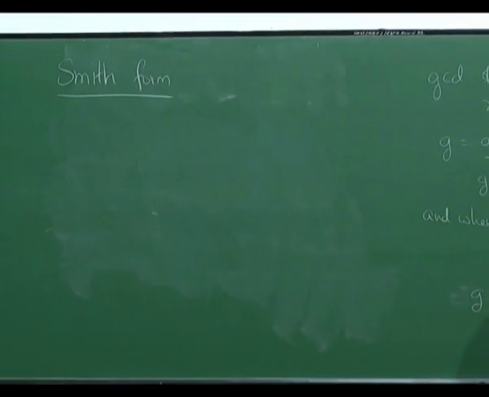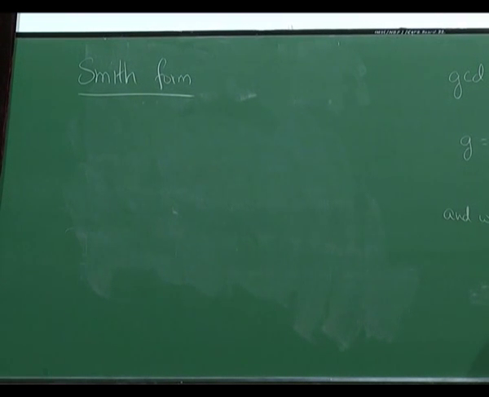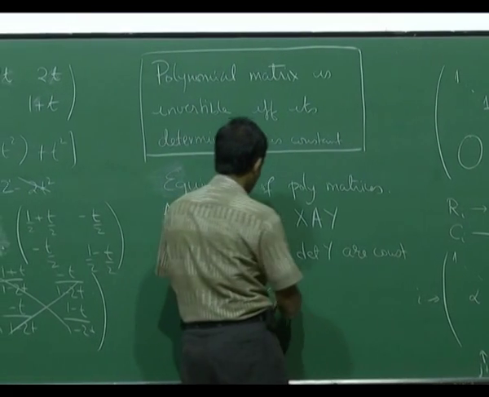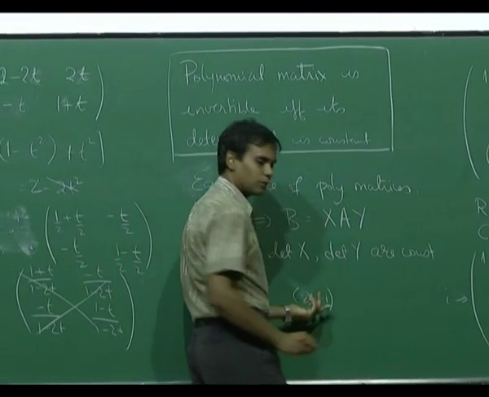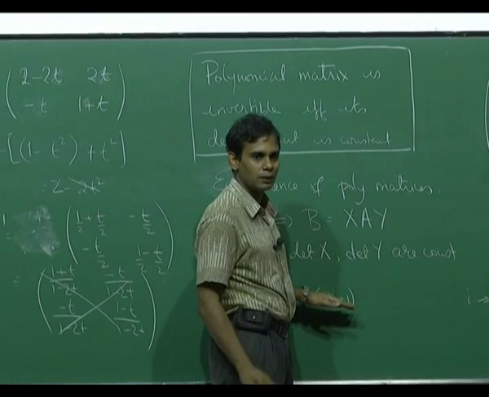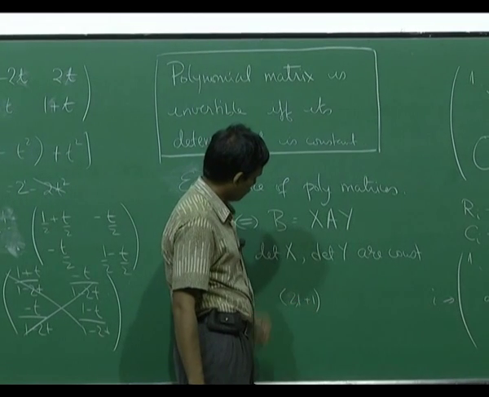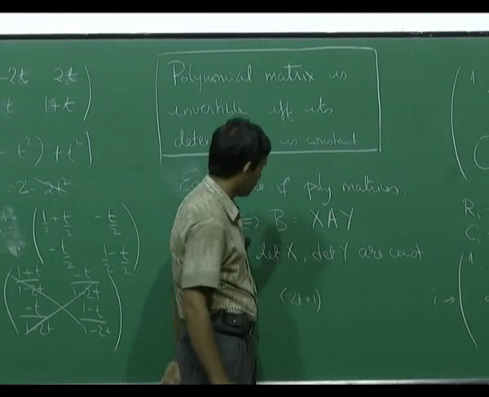Earlier we had ones on the diagonal and then zeros everywhere else. But here you may not be able to make everything 1. For example, if you just have a 1 by 1 matrix, you can't do anything to it. At most what you can do is multiply its only entry and make it a monic polynomial. But if this is like 2t plus 1, you can't really make it 1 because you can't divide by 2t plus 1; that is not an invertible thing. So there is nothing much you can do except make it a monic polynomial.